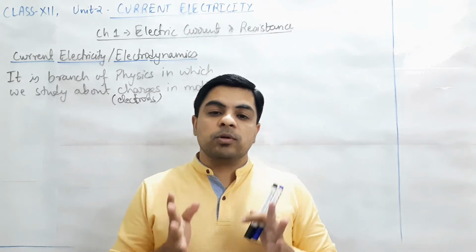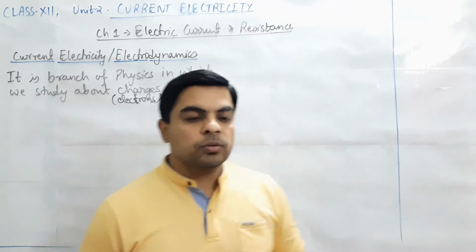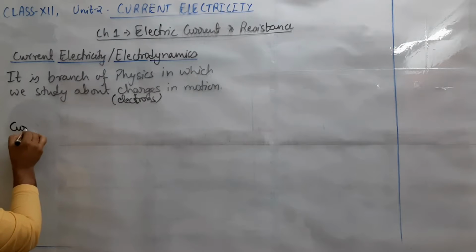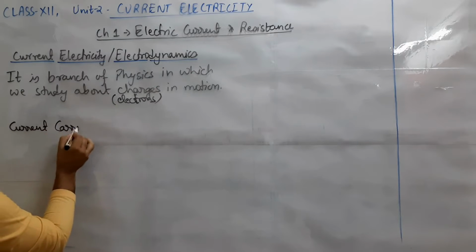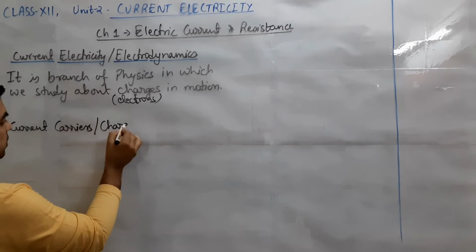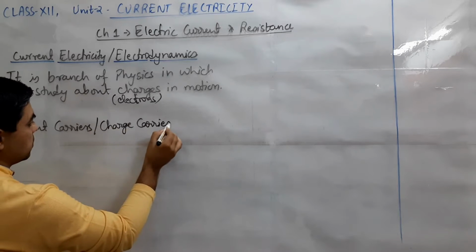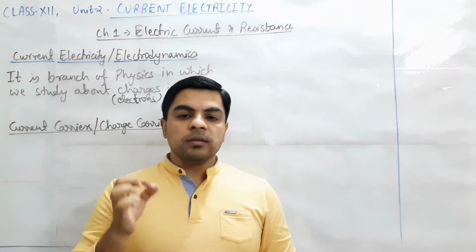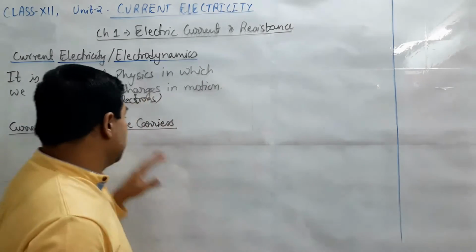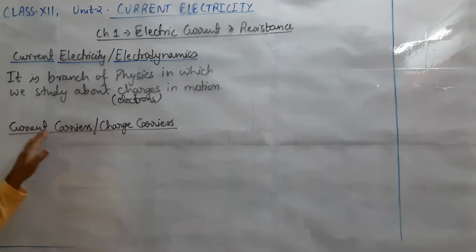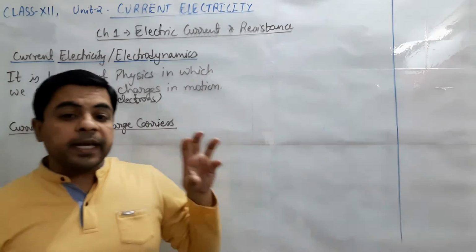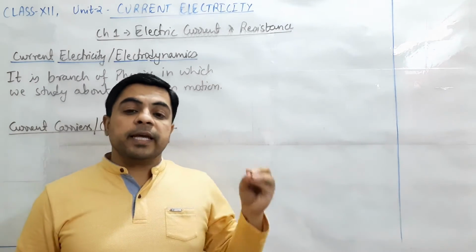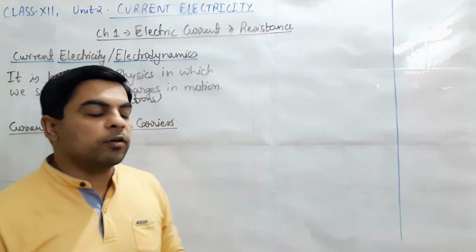Here we should know about the basics of electric current. To learn about that, we have another term, which is known as current carriers, also known as charge carriers. Current carriers and charge carriers are charge particles which define themselves by their own name. Current carriers are the vectors which will carry the current. Charge carriers are the particles which will carry the charge and take it from one point to another.